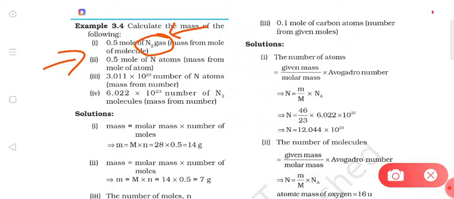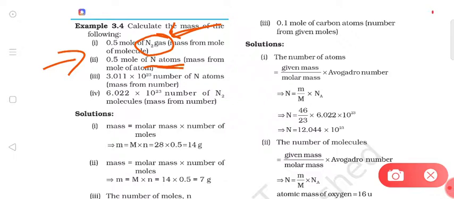They have written nitrogen gas only, neither atom nor molecule. But here they have written nitrogen atoms. So here we need to use our wisdom: nitrogen gas exists in the form of molecules, that means they are talking about nitrogen molecules.